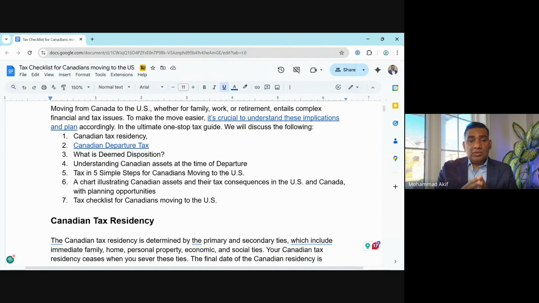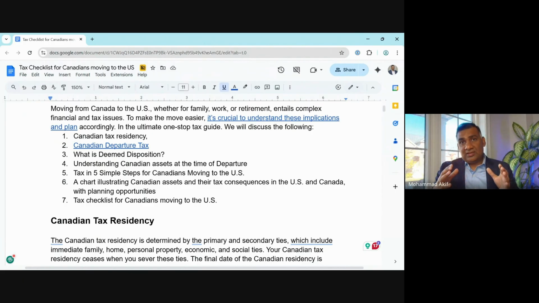And then we'll talk about how you can understand tax in 5 simple steps for Canadians. I want to touch on that topic first, and then we'll get into the illustration, which is number 6. And then we do have a checklist that we're putting out on our website that you can download.